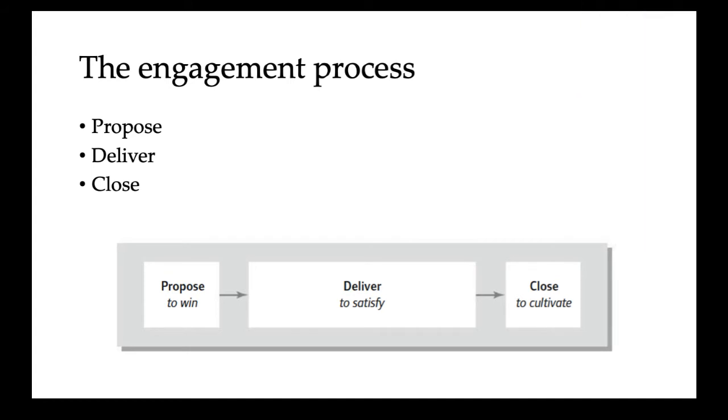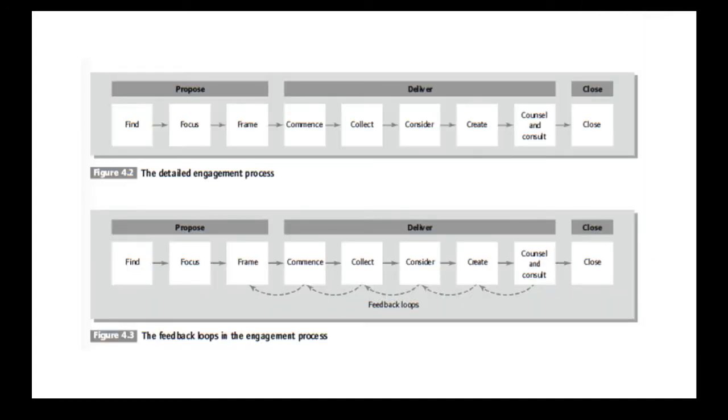Now, let's take a look at the specifics here. Let's take a look at the engagement process in more detail. If we unpack those three stages, propose, deliver, close, you'll notice that there are smaller, more discrete units that we can properly identify in each of these three stages.